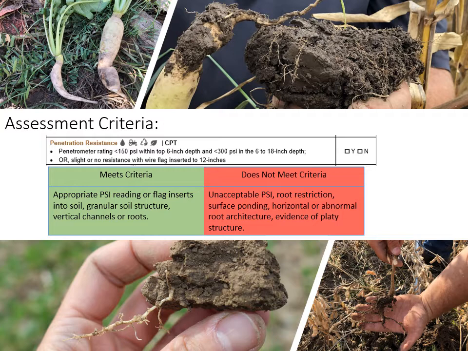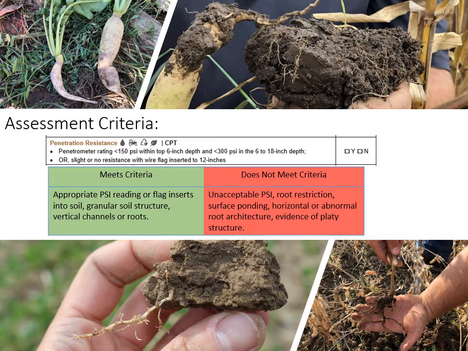I lay that flag or penetrometer against the soil profile and match up the soil surface to the spot where I had put my hand, and I look to see where that compaction was measured on the flag or the penetrometer. Is that the same depth where I'm seeing that horizontal layer?